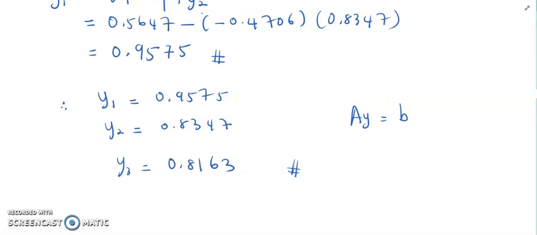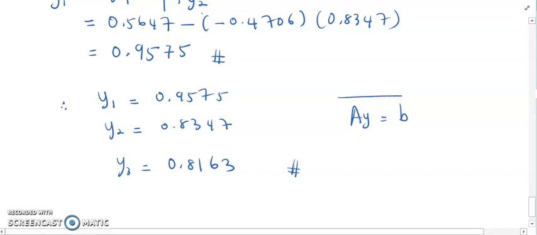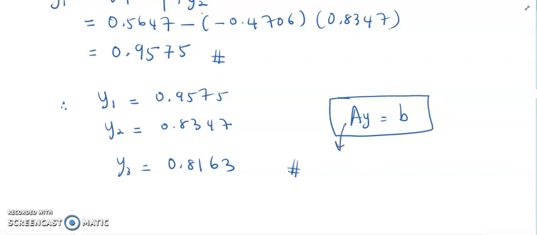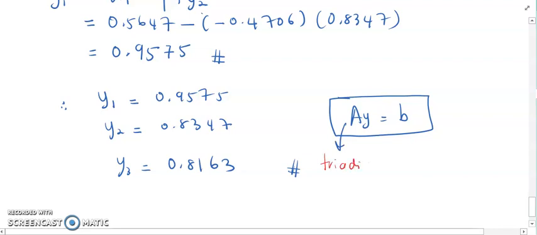But you need to remember that to use Thomas algorithm, this AY equals B must be a tridiagonal system, meaning that this A matrix must be a tridiagonal matrix. So if A is not a tridiagonal matrix, you cannot use Thomas algorithm in solving this system.